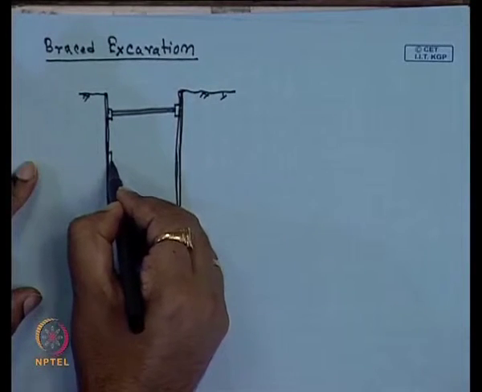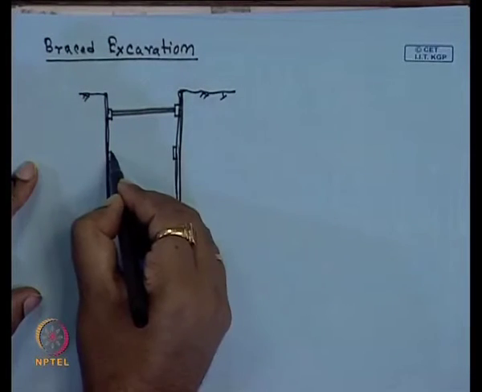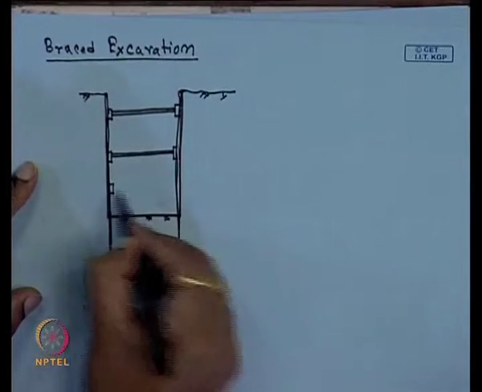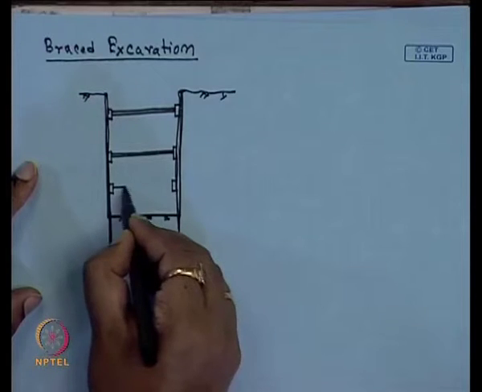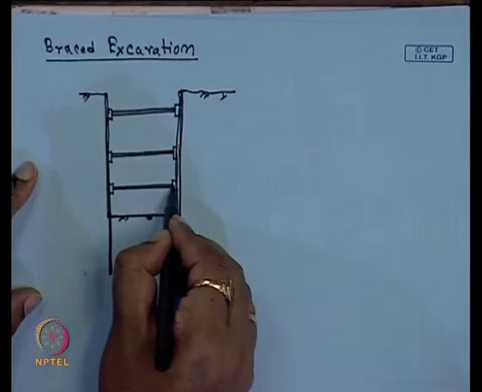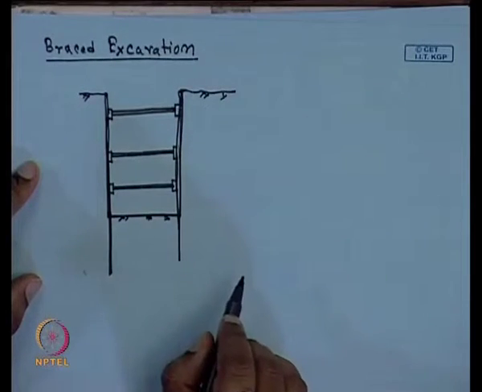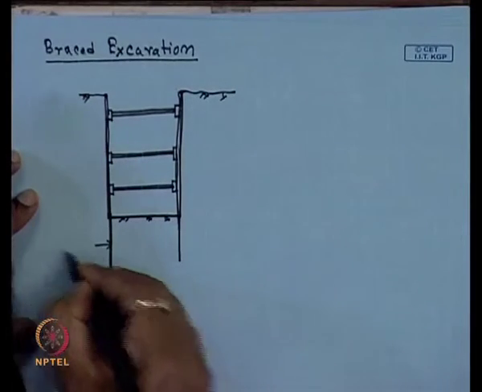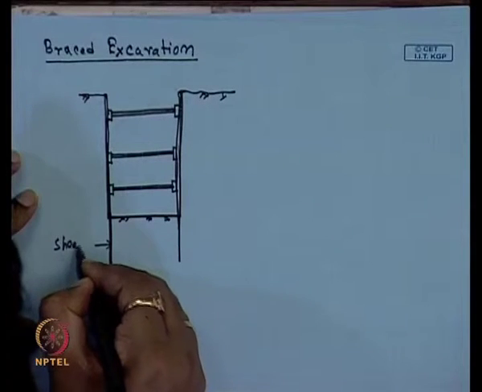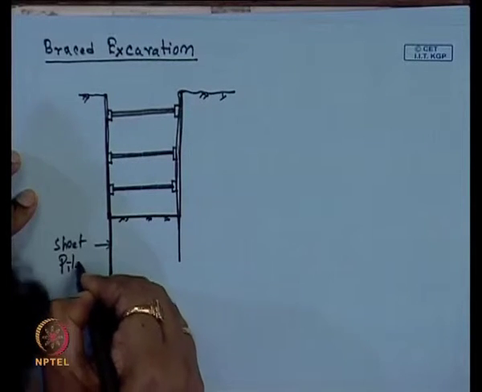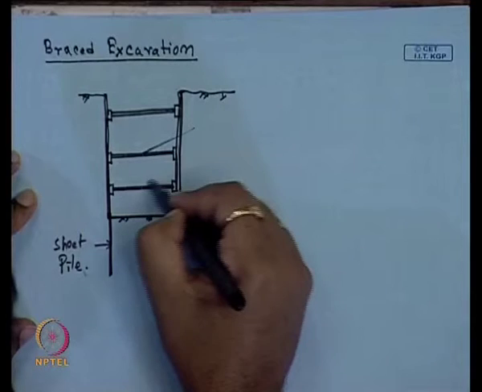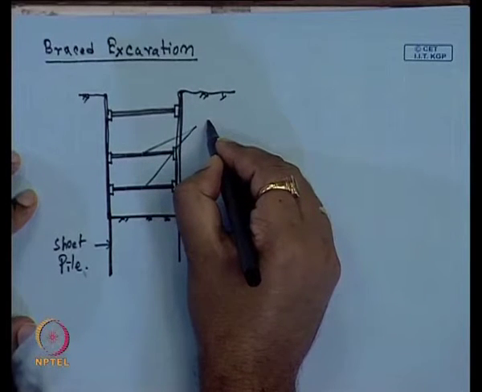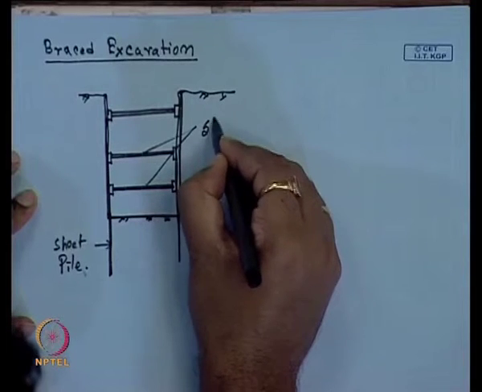Depending upon the depth of this excavation area, we can determine the number of horizontal supports that will be required. This is the sheet pile, and these components are called compressive members, or struts.